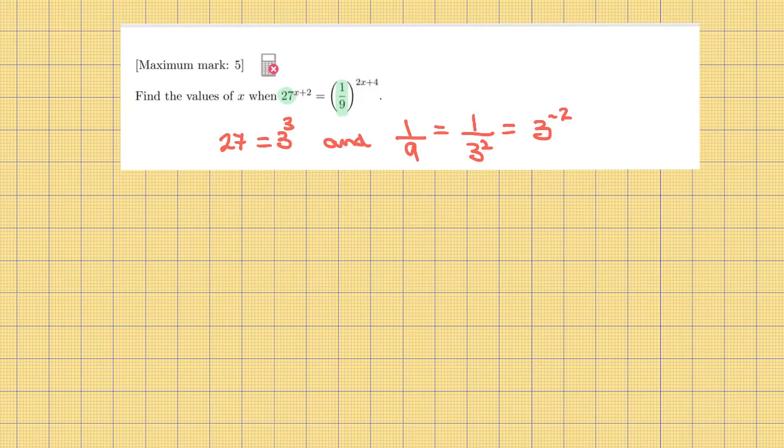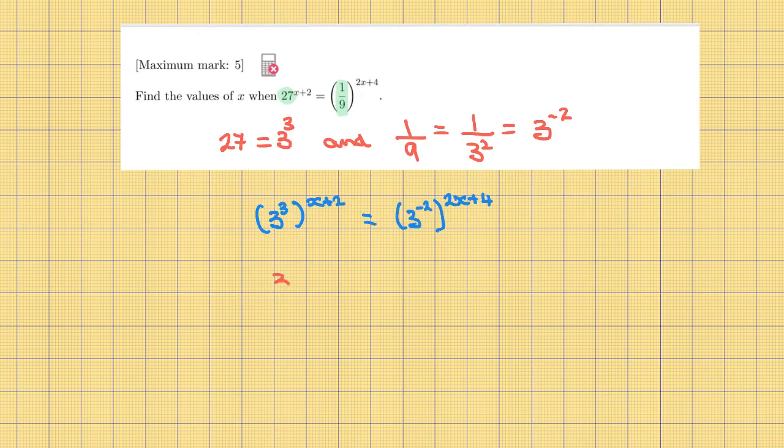I can now rewrite the equation in the same base. So 27 to the x plus 2 becomes 3 cubed to the power of x plus 2, equals 1/9 becomes 3 to the power of minus 2 to the power of 2x plus 4. Because it is one power raised to another power, we can just multiply out.